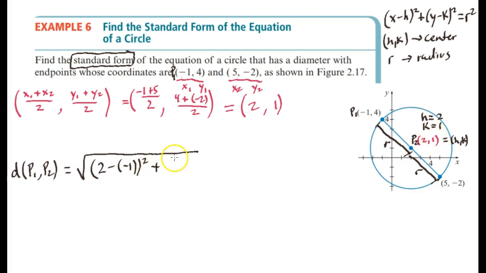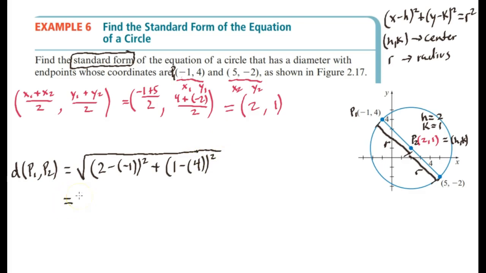Plus, and look at the distance formula if you need to understand where I'm getting this, we would have 1 and 4, so that would be 1 minus 4 squared. And there we go, there's the distance formula.